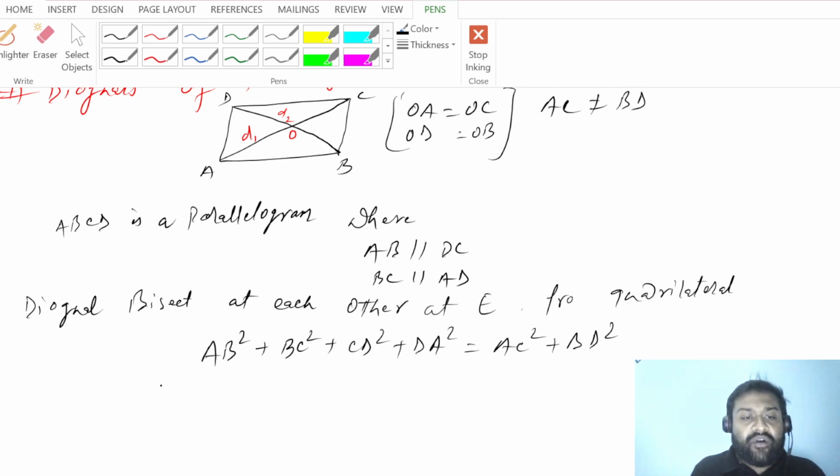Okay, so now we can see these both are parallel, AB and DC are parallel.